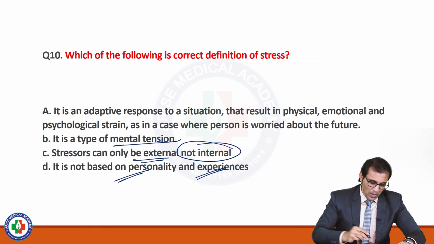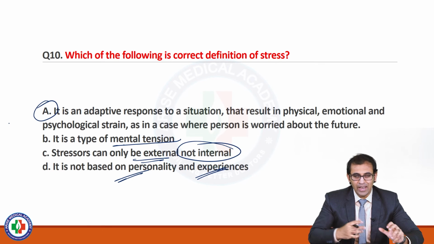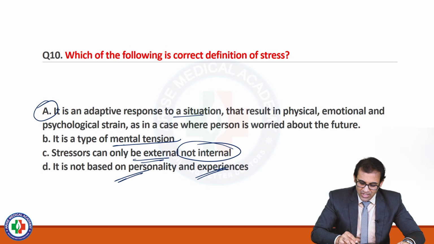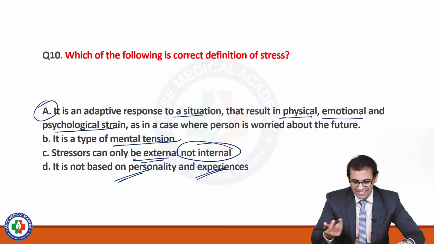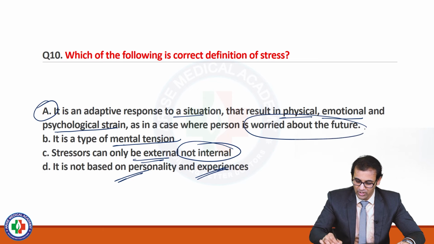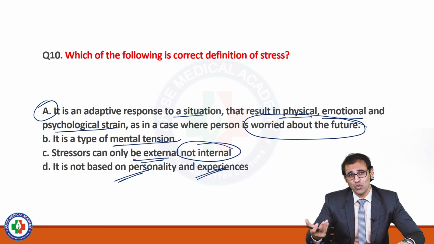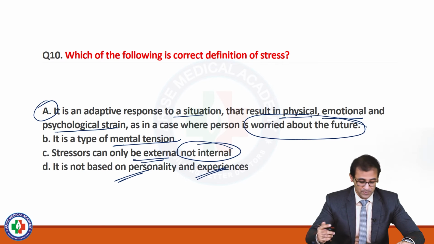So easy to understand option number A. See, this is an adaptive response to a situation that result in physical, emotional, and psychological strain, as in a case where person is worried about the future. Easy to understand. Yes, obviously when you will be thinking about your future, what kind of a specialization you are going to get, are you going to pass your FMGE exam or not? Yes, obviously you can have a stress.